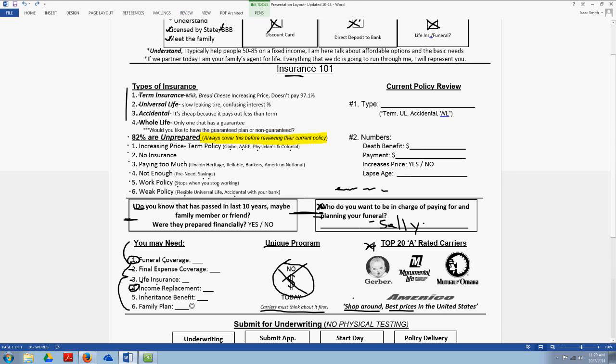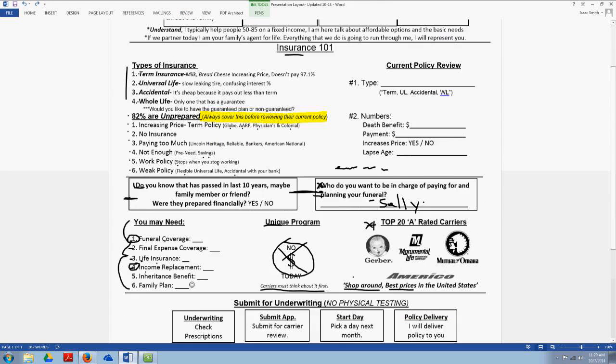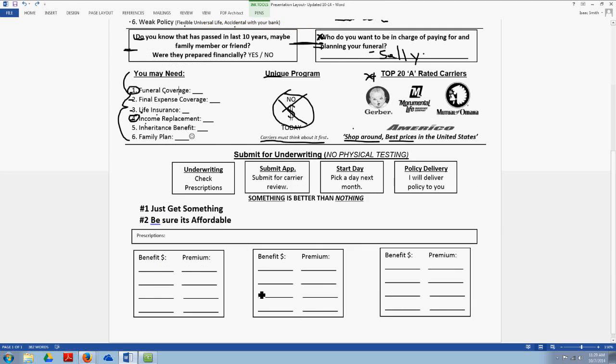So, okay, moving along, trying to hurry up here. All right, let the screen catch up. Okay, so next step, submit for underwriting. I'm not really going to say that to her. I'm going to say, all right, the next thing is we got to do some underwriting. There's no physical testing. I'm not going to send a nurse over here to poke you and prod you, take your blood and all that stuff.